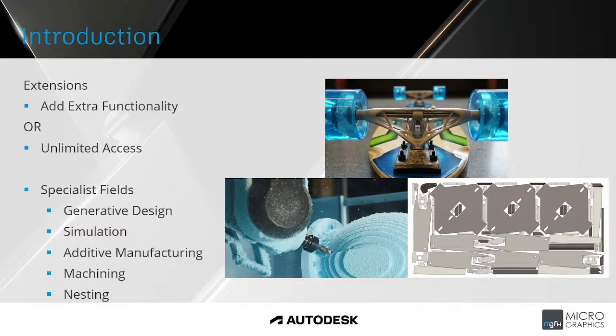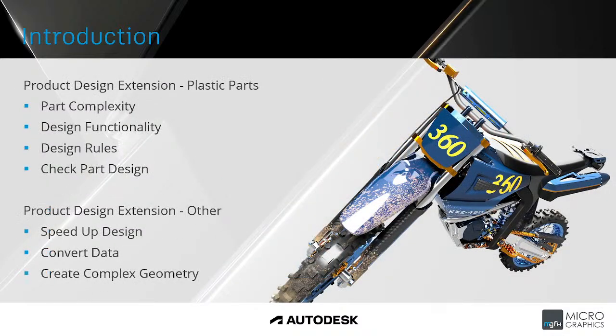As I said, we're looking at the product design extension, and I typically see this extension being broken down into two different sides. We have quite a lot of focus on plastic parts within the extension, but then there are a couple of other tools that are unlocked which help with other workflows within the design environment.